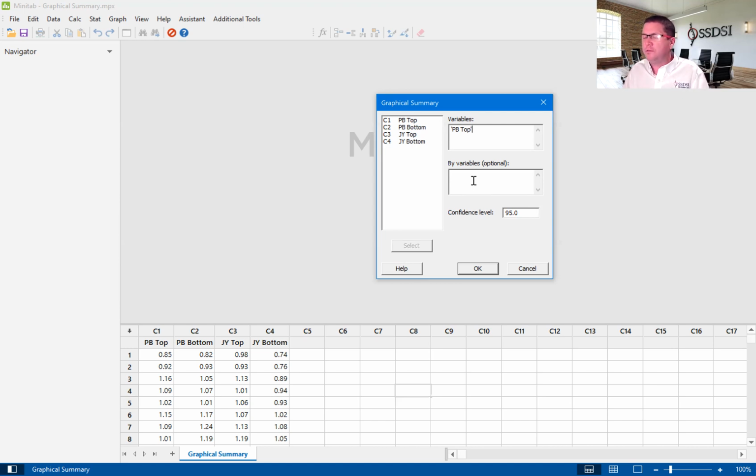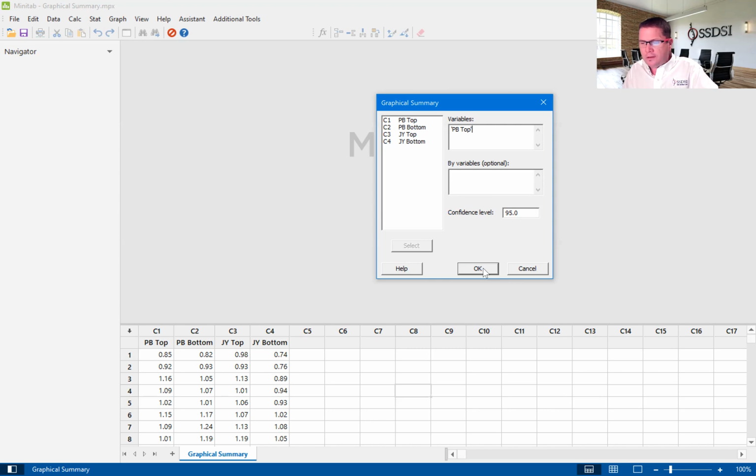And that p-value is going to help us understand, is it normal or is it not normal? That confidence level is directly related to that p-value. A confidence level of 95% is going to equate to how we interpret that p-value.